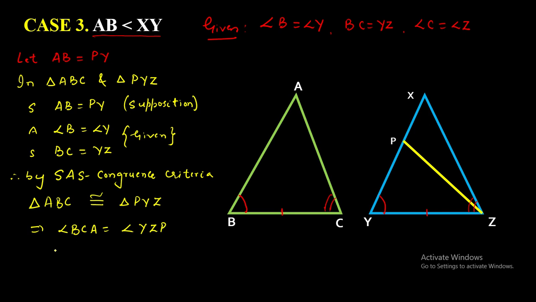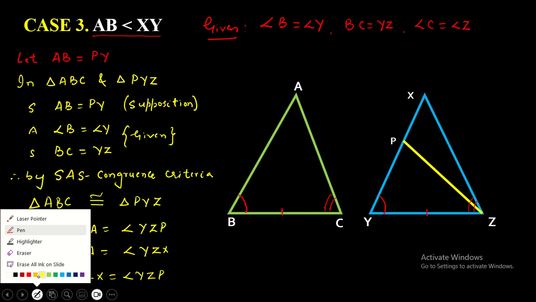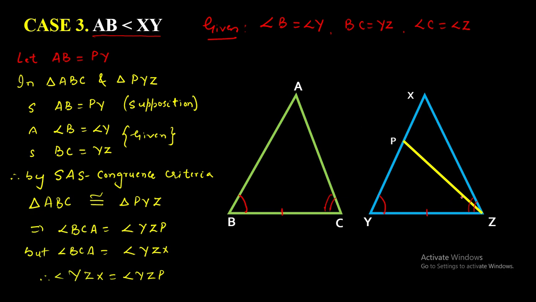But it's given that angle BCA is equal to angle YZX. So from these two statements, again we got that angle YZX is equal to angle YZP. But if you see it from the figure, angle YZP is part of angle YZX. So these two can't be equal unless AB is equal to XY.